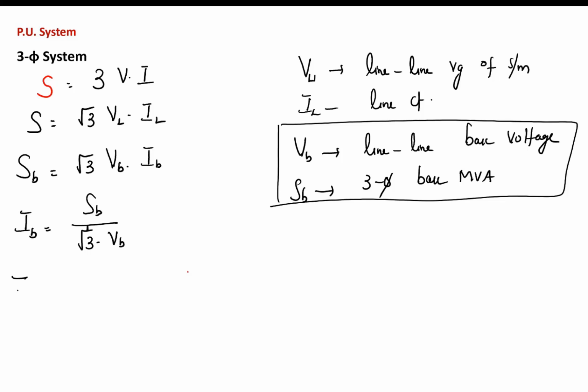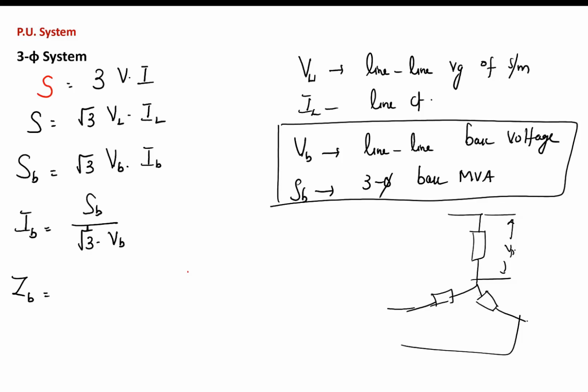Now, Z base. In any single phase system or three phase system, the base impedance value is given by phase to neutral base voltage, that is the phase voltage, divided by phase current. So Z base will become VB divided by root 3. First I have to convert the line to line base voltage into phase to neutral base voltage, that is VB divided by root 3, into IB, because in a star connected system, phase current is equal to line current, so I am directly writing IB.